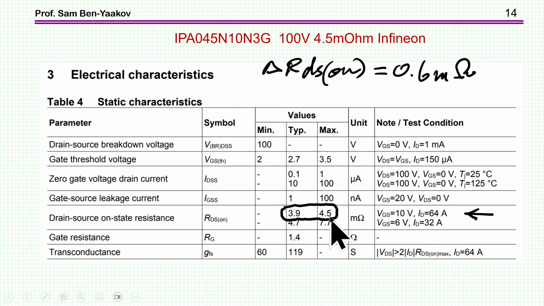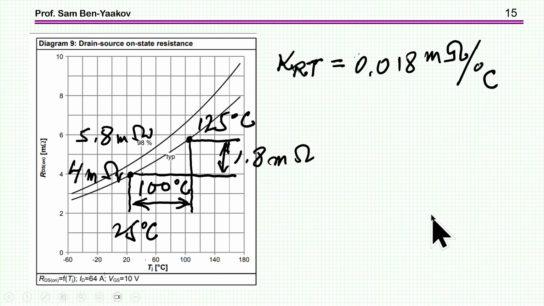So this is the expected deviation. This is for a current of, say, 64 amp. Then we have also the temperature dependence, and they are showing two curves, typical and 98%, the Gaussian curve. But let's talk about the typical.